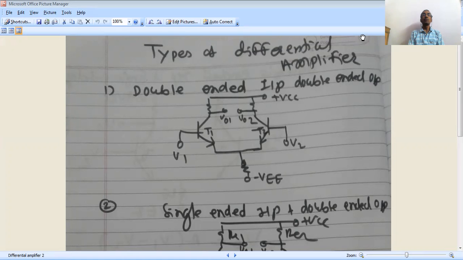Input voltage V2 is applied to the transistor T2. V01 is the output of first transistor T1. V02 is the output of second transistor T2.